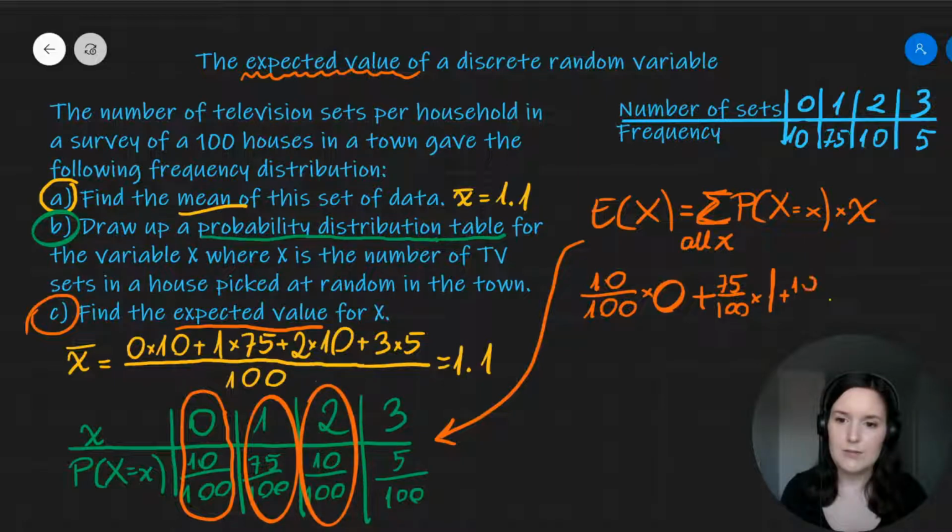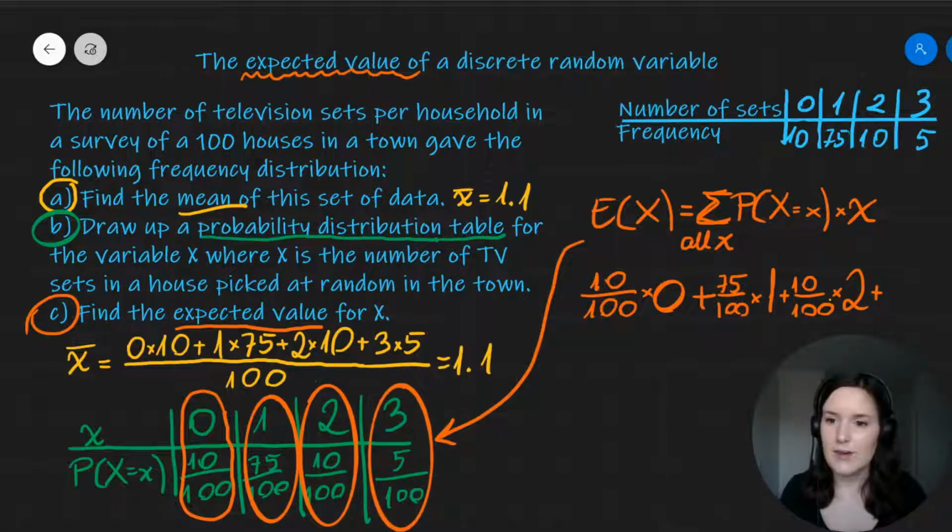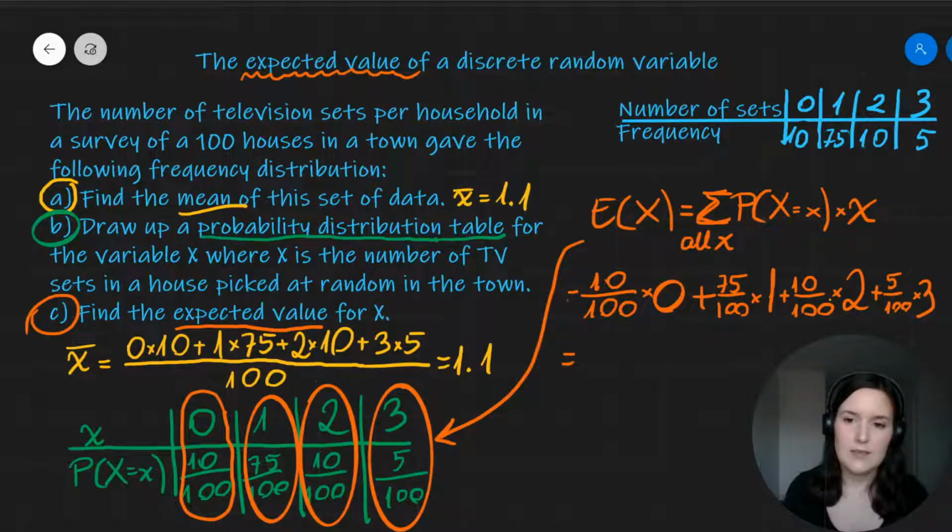In 10 out of 100, I would expect 2 TVs, plus the last one. In 5 out of 100, I would expect 3 TVs. And the result is 1.1. So the expected value is 1.1.